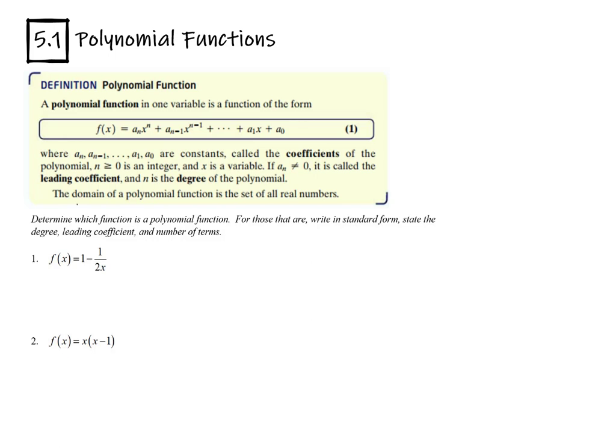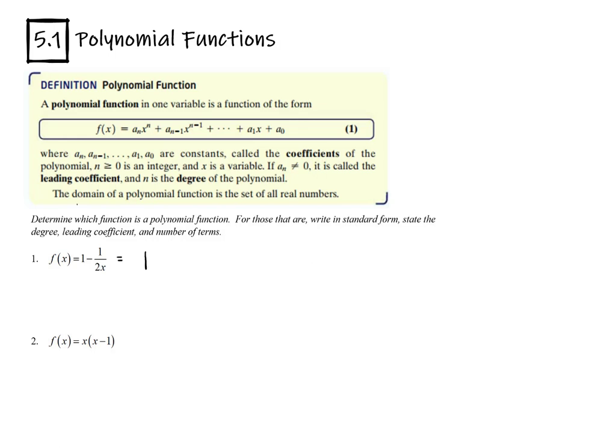And when we look at number 1, we see f of x is equal to 1 minus 1 over 2x. Now, it's not explicitly stated in our definition of polynomial function, but you cannot have any variable in the denominator and then still call it a polynomial. If you're not sure of what I'm saying, let's take this function and rewrite it one time. So I'm going to rewrite this, moving the x to the numerator, or outside the fraction even.